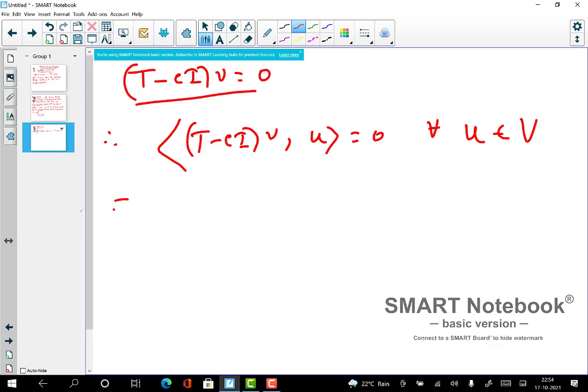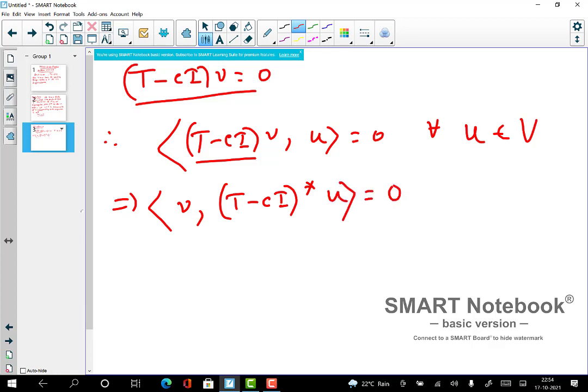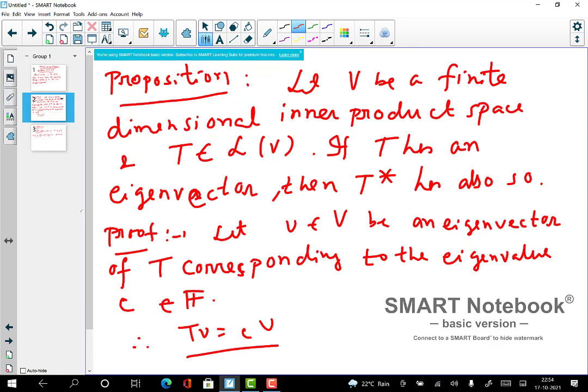But then you can use the property of the adjoint operator: this becomes the inner product of v with ((T minus cI) whole adjoint) of u, which is 0 for all u belonging to V. Note that this v cannot be 0 because v is an eigenvector.